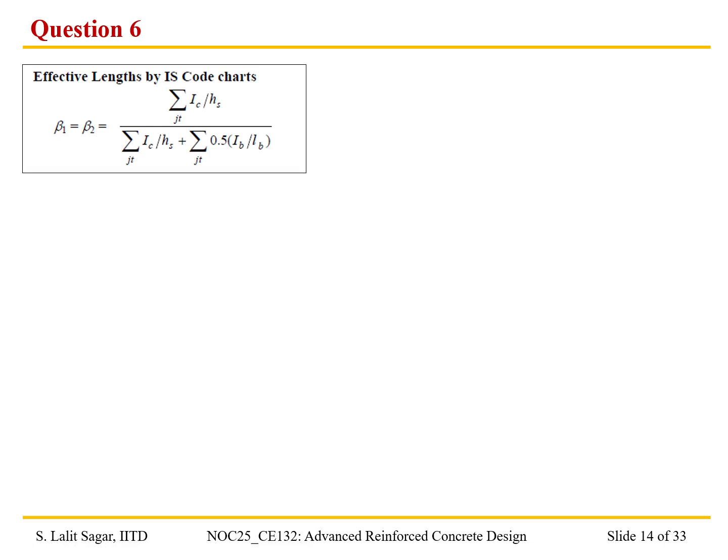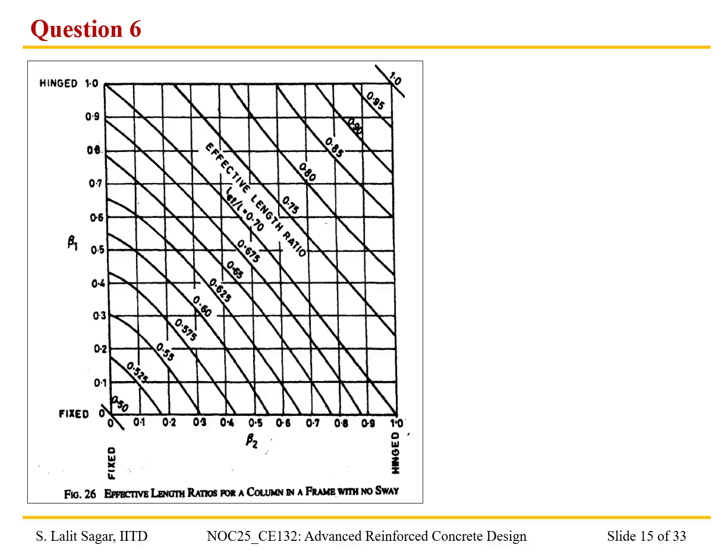Once we obtain the values of beta 1 and beta 2, we can proceed to determine the value of k, the effective length ratio. The product of this effective length factor k and the unsupported length gives us the effective length.